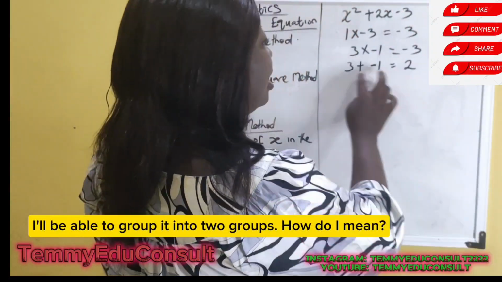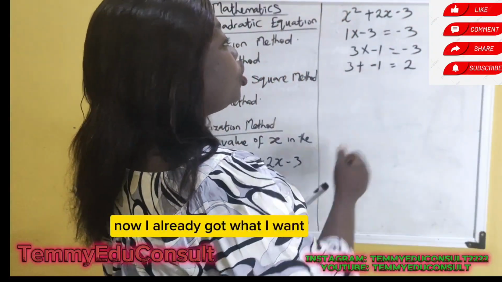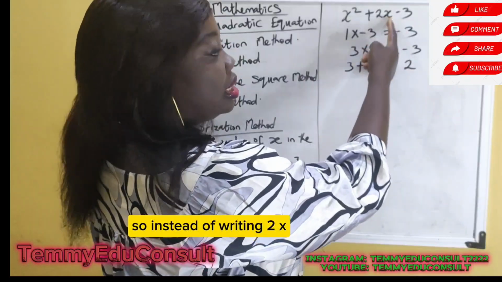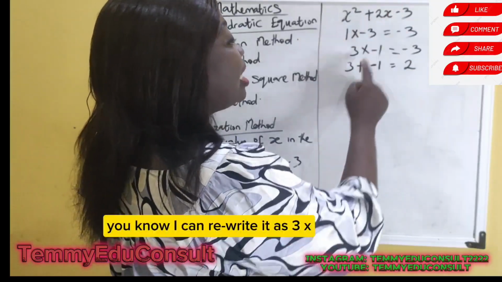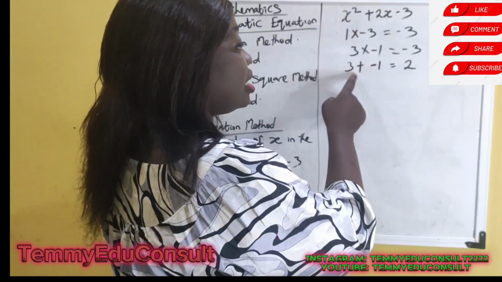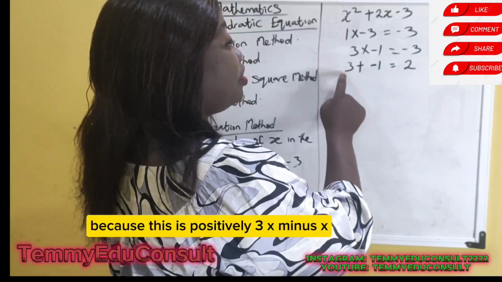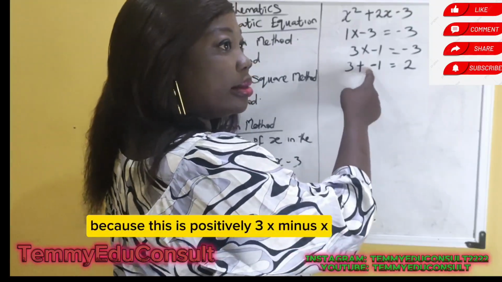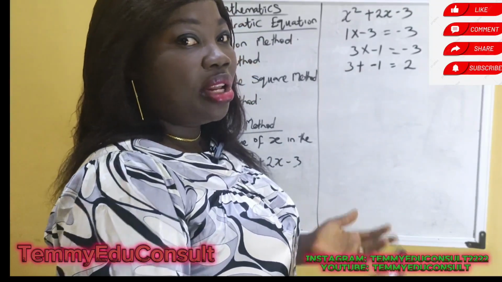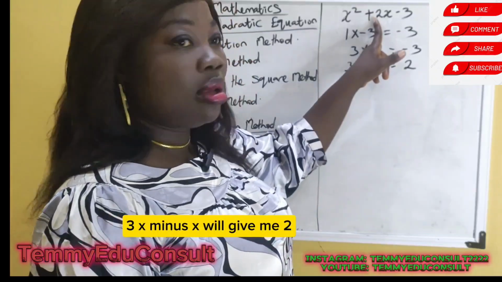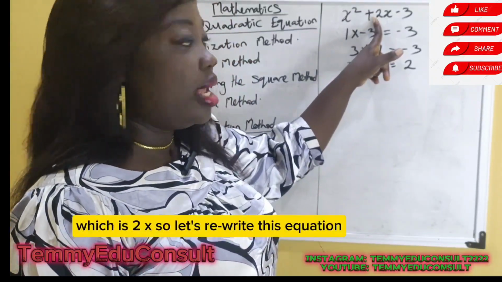How do I mean? Now I already got what I want. So instead of writing 2x, I can rewrite it as 3x, because this is positive 3, 3x minus x. 3x minus x will give me 2x.